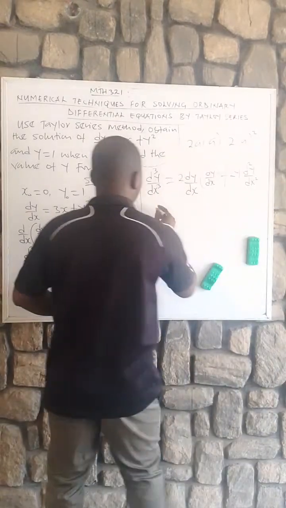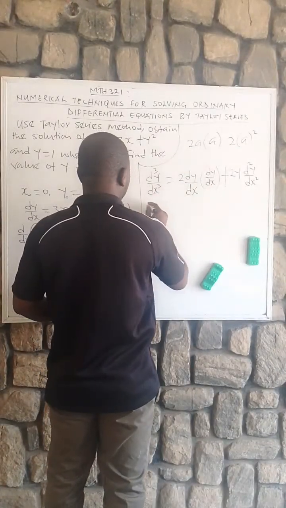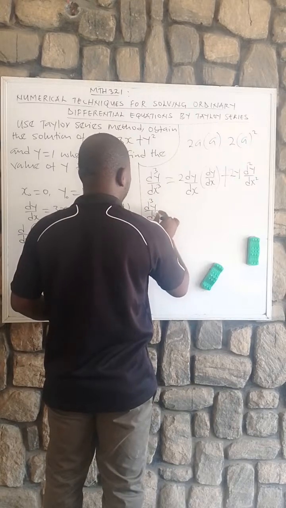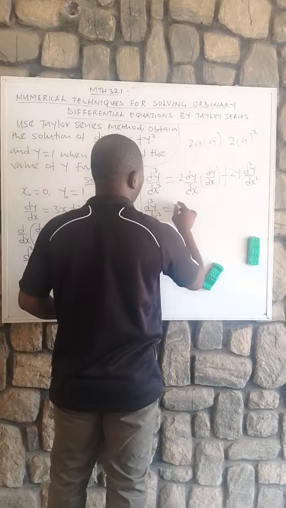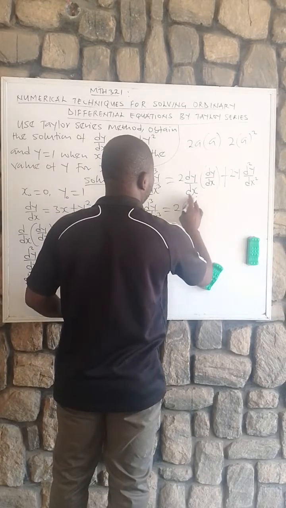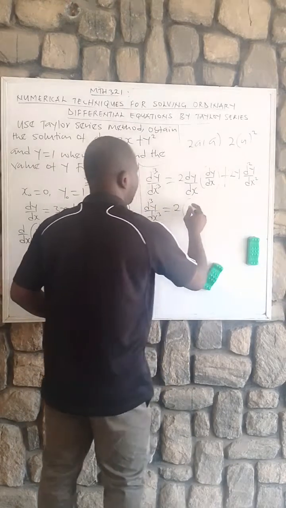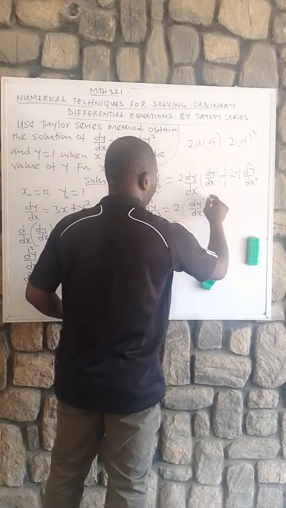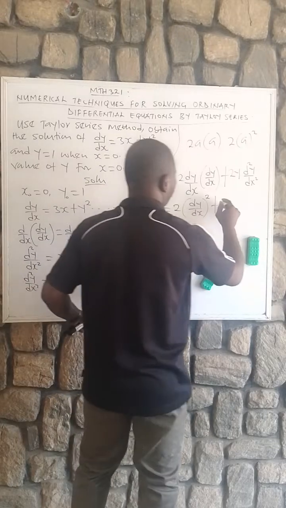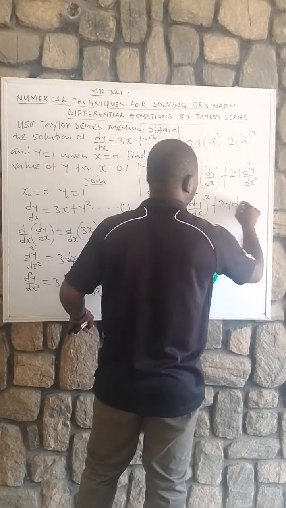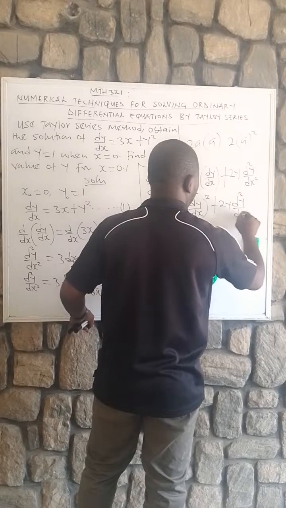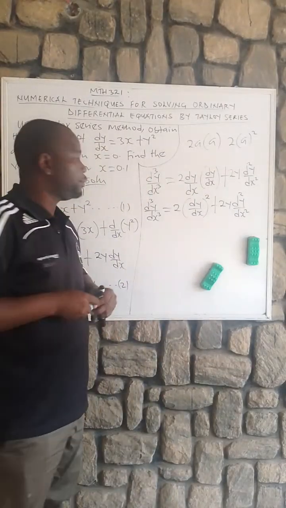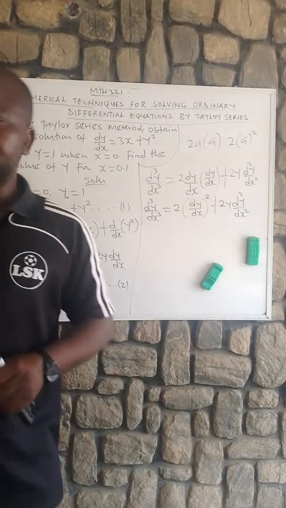So this, we can still rewrite in this form: d cubed y all over dx cubed equals 2 open bracket dy over dx close bracket all squared plus 2y d squared y over dx squared. Amen? Okay, do you agree with me at this point?